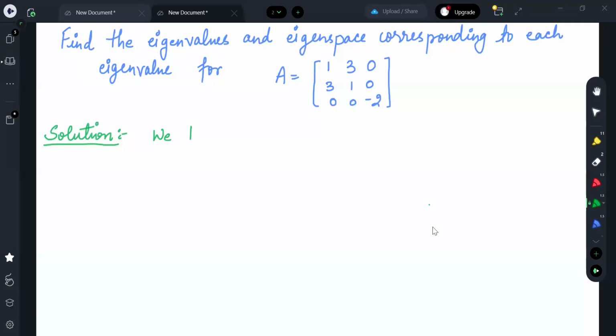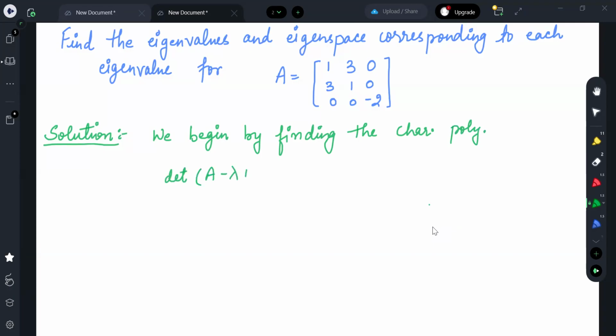So we begin by finding the characteristic polynomial, which is determinant of A minus lambda I for some scalar lambda, or lambda I minus A, same thing.